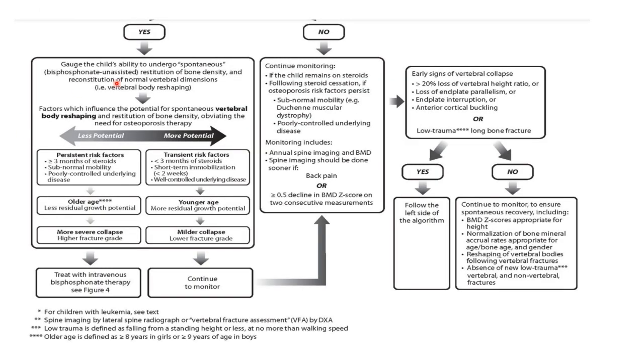If it is there, then we need to decide whether the child needs bisphosphonate therapy or whether there will be reconstitution of normal vertebral dimensions, that is, vertebral body reshaping by itself. There are multiple factors to consider whether we should give treatment to such children, or keep them under observation with good nutrition, calcium, and vitamin D intake.